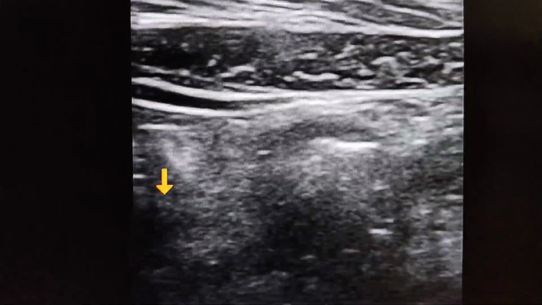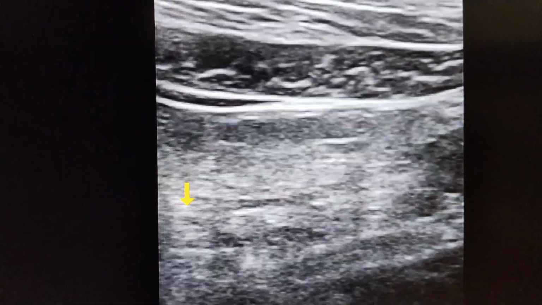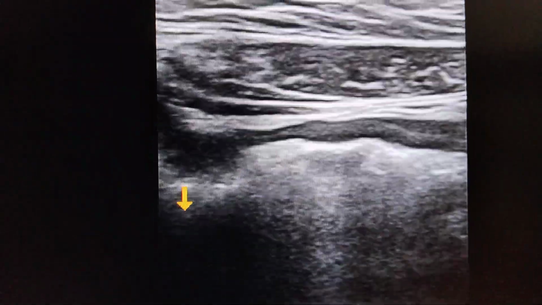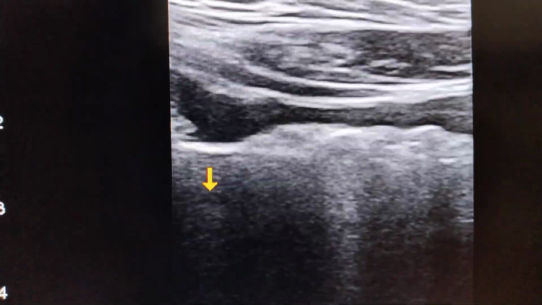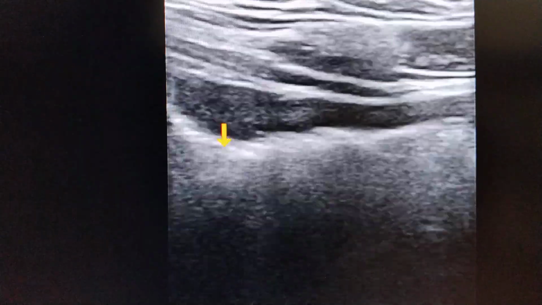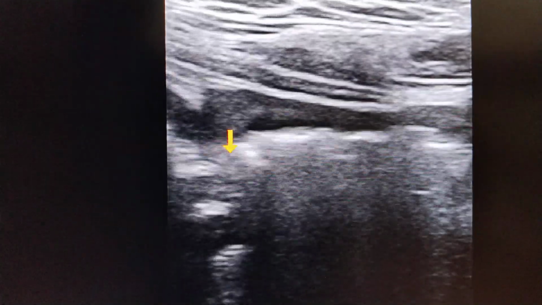Now I have reached the hepatic flexure, and then I am coming downward. So the hepatic flexure is also thickened.